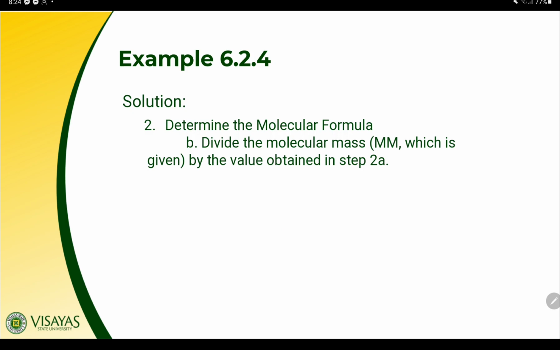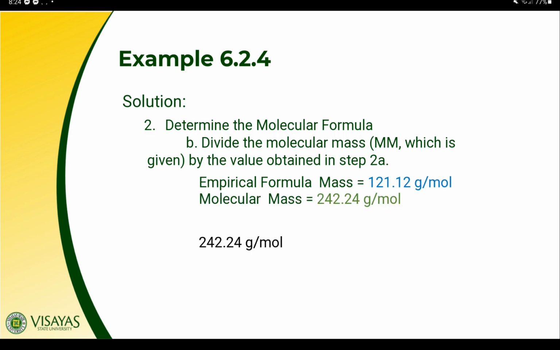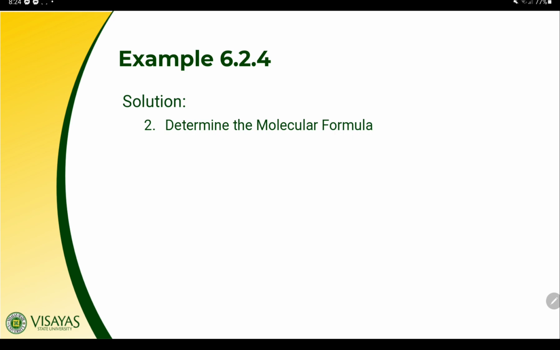Okay, next is we divide the given molecular mass in the problem by the value obtained in the previous slide, the empirical formula mass. So we have 242.24 grams per mole. This value again is given in the problem. Divided by 121.12 grams per mole, which is the empirical formula mass computed in the previous slide. Then we get 2.